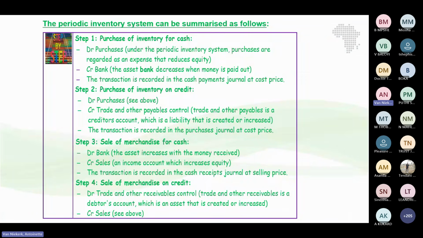The trade and other receivables account is an asset account, which will now increase on your debit side since debt occurred. Your sales account, the same will happen as when you sold merchandise for cash. Your sales will still increase on your credit side since sales occurred.